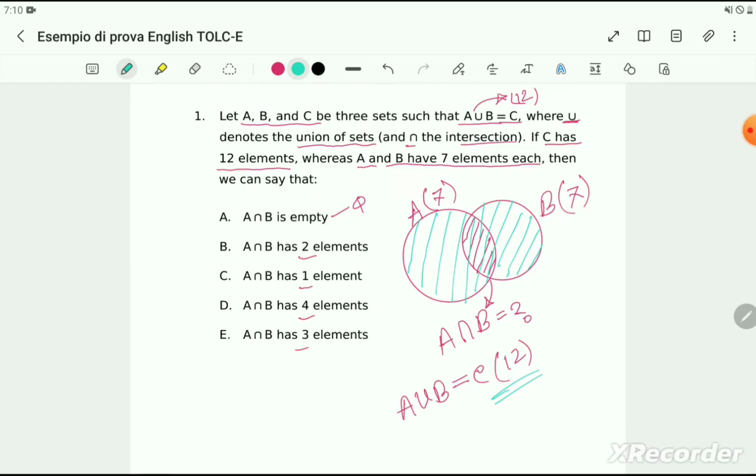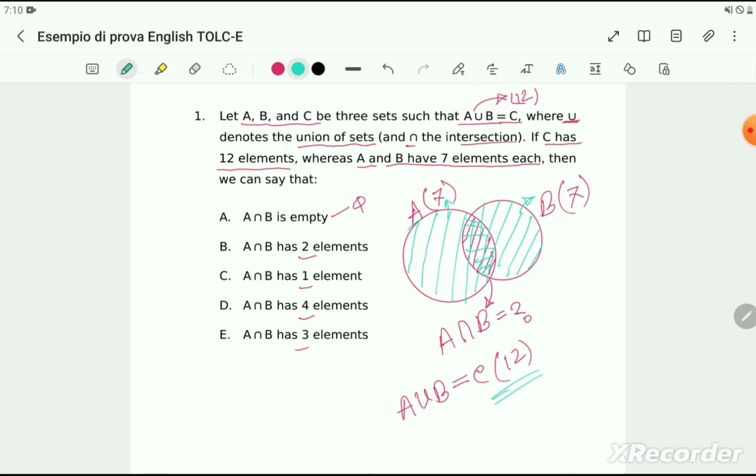But what is the intersection? Only this area. It's very simple. We can see that A has 7 elements and B has 7 elements.